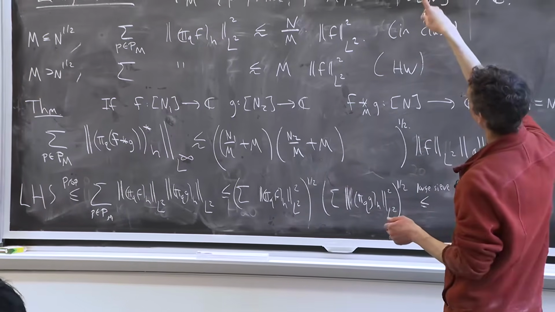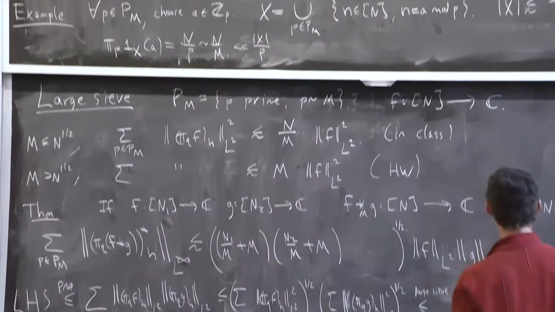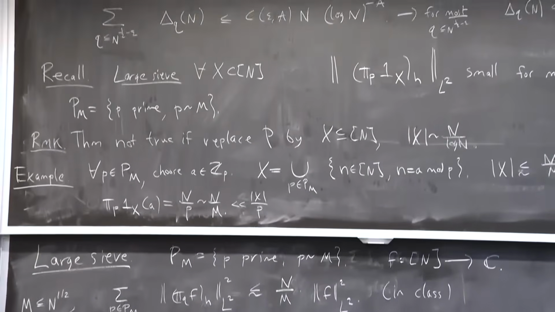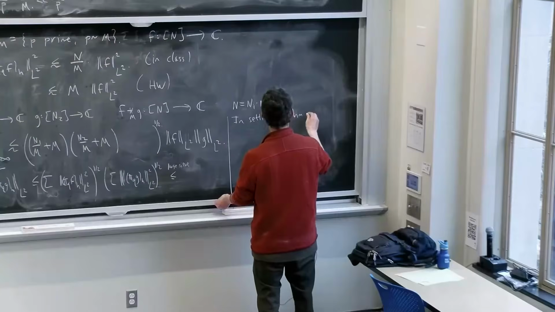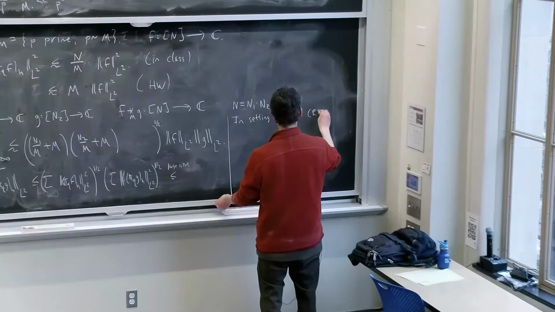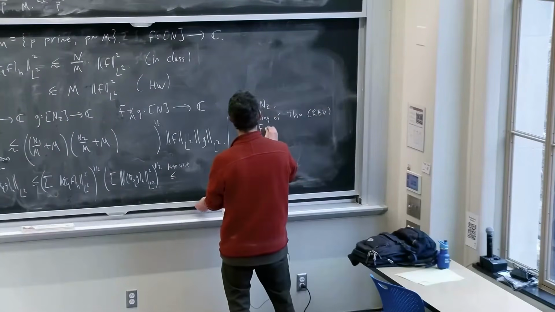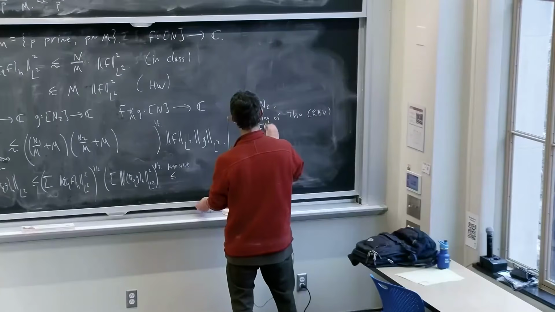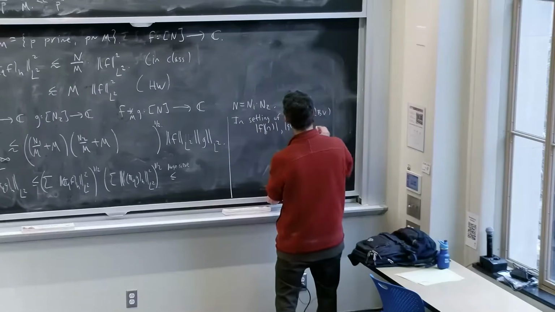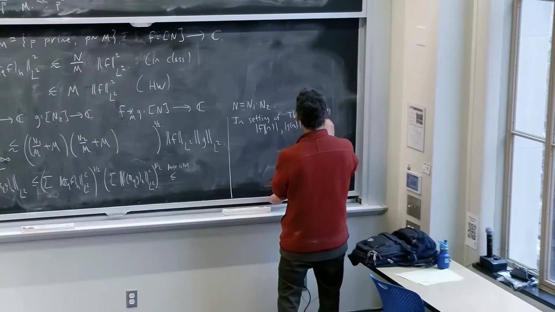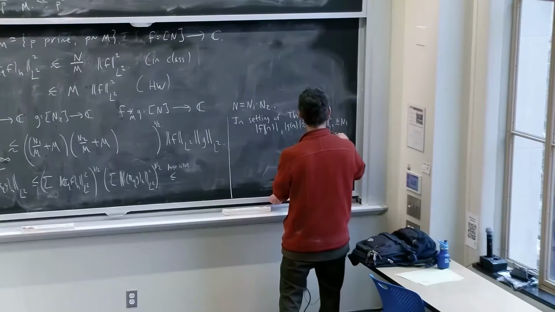Now, in the setting of our main theorem about primes, the theorem of Rényi and Bombieri and Vinogradov, the size of f and the size of g would be around 1, where they're defined. And so the L2 norms of f and g would be around square root of n1 and square root of n2, and squared would be around n1 and n2.